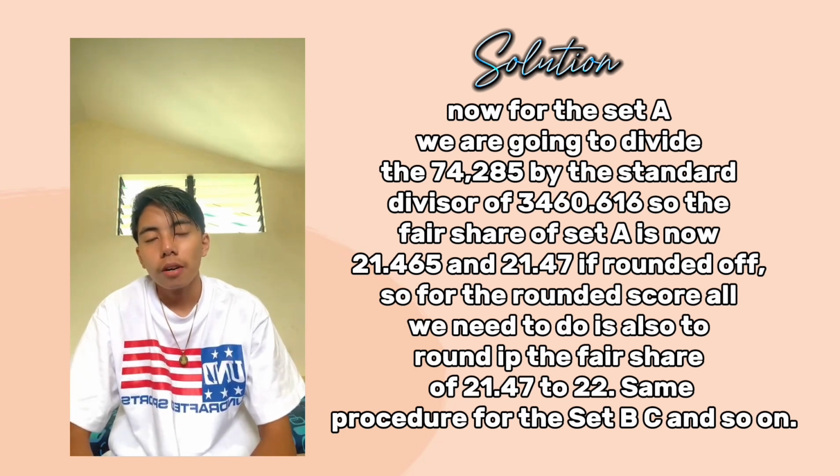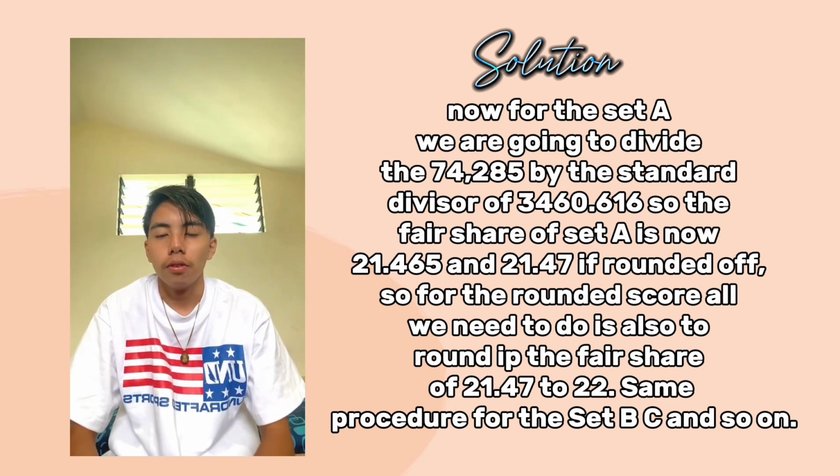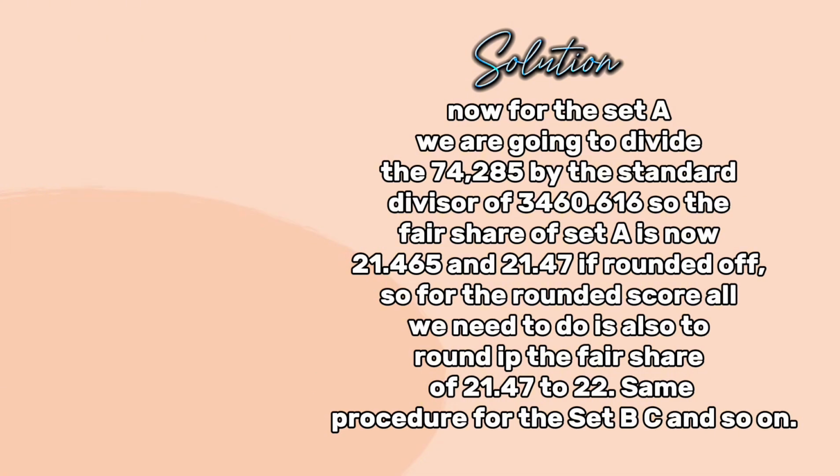So the fair share of set A is now 21.47 if rounded off. So for the rounded share, all we need to do is round up the fair share of 21.47 to 22. Same procedure for set B, C, and so on.